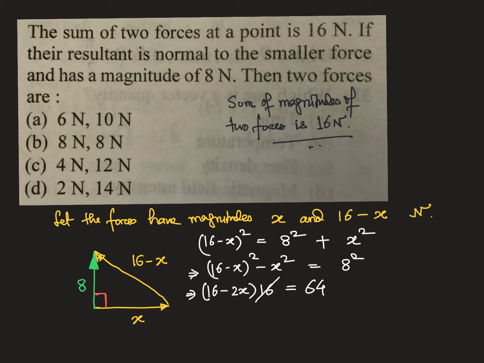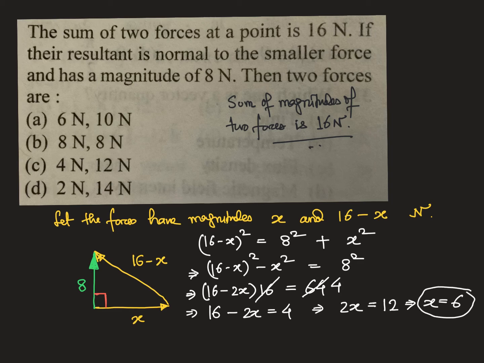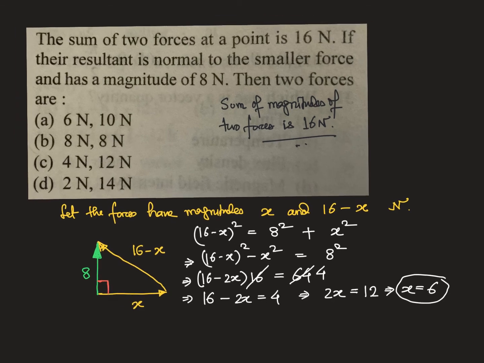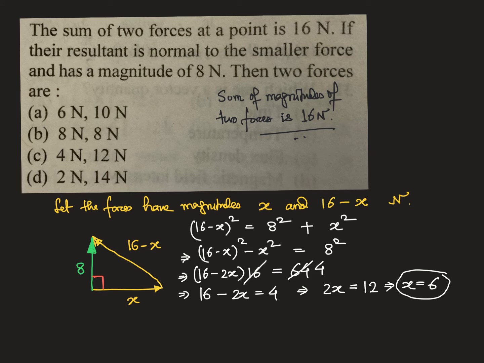So that's 4. So 16 minus 2x is equal to 4, implies 2x is equal to 12, implies x is equal to 6. So x is equal to 6 Newton. So the forces are obviously 6 and 10. Then the two forces are 6 Newton and 10 Newton.